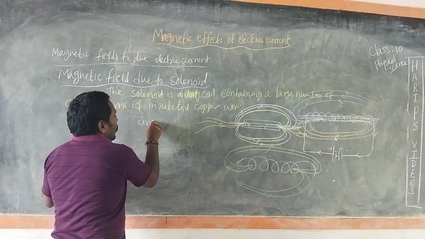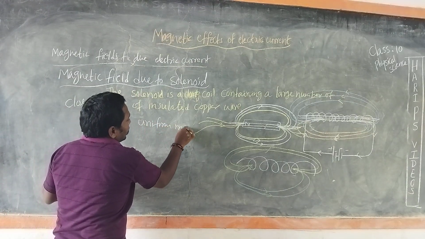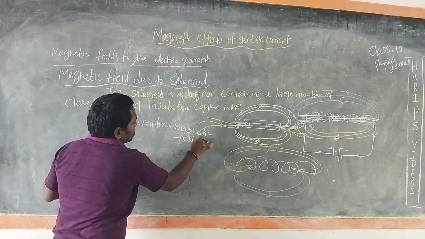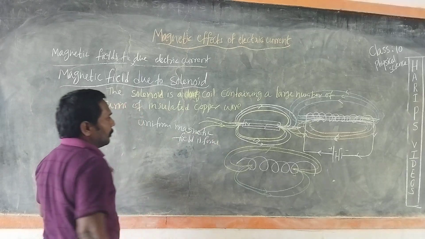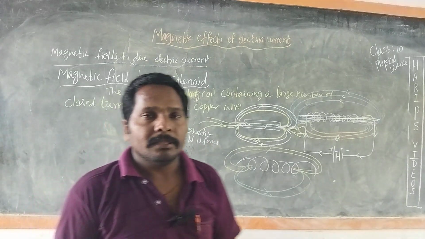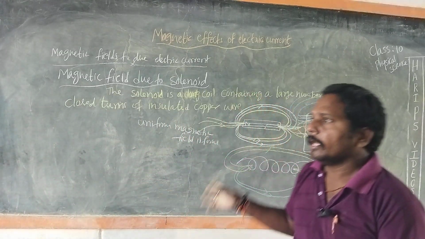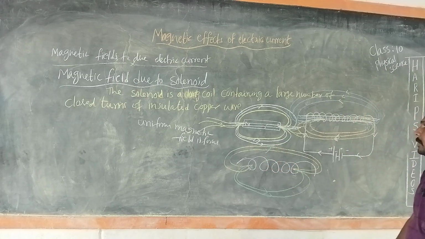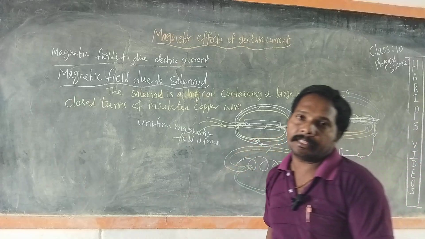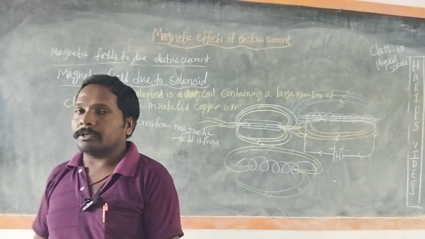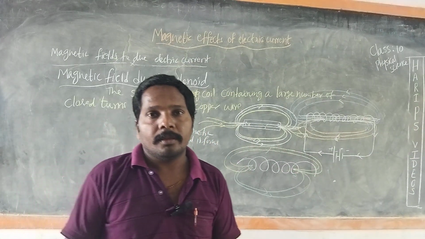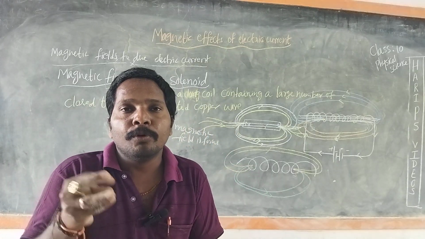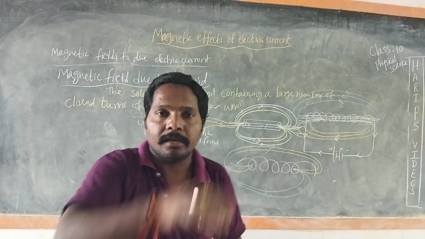A uniform magnetic field is formed because the strength of the magnetic field inside the solenoid is the same. So the solenoid creates a uniform magnetic field.